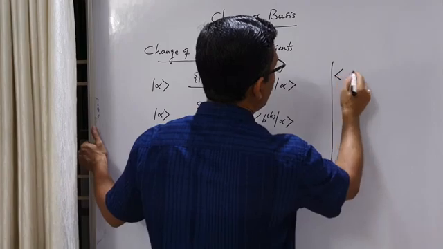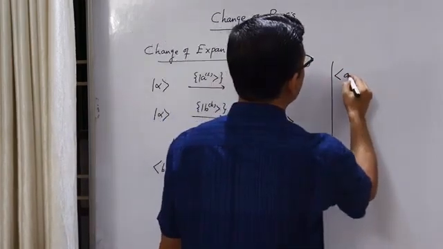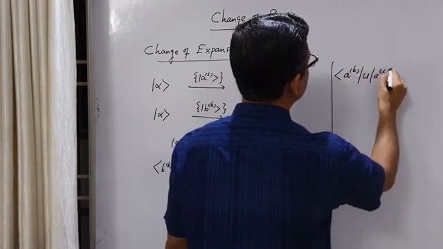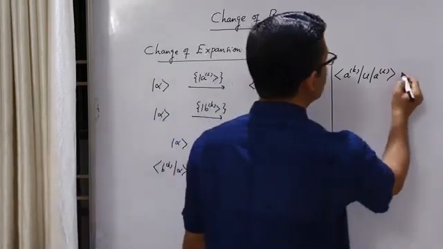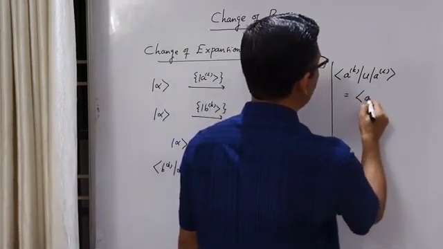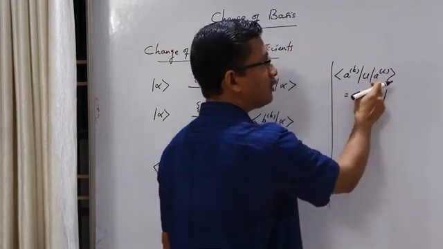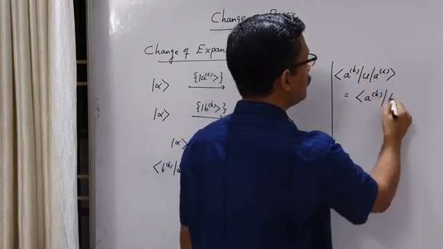See, what is the KLth matrix element of operator U? It is bra A_K, U, ket A_L. This is equal to bra A_K, and what happens when U acts on ket A_L? When the unitary operator acts on the old basis, you get the new basis, B_L.